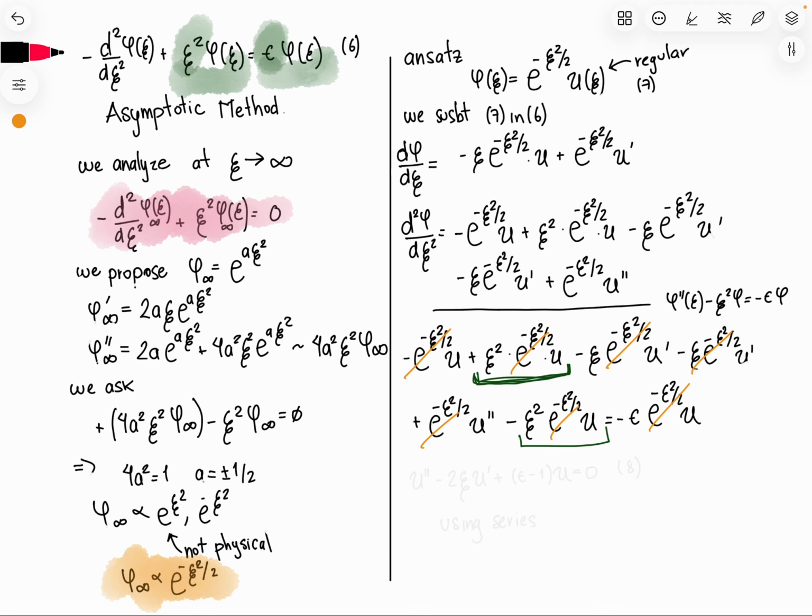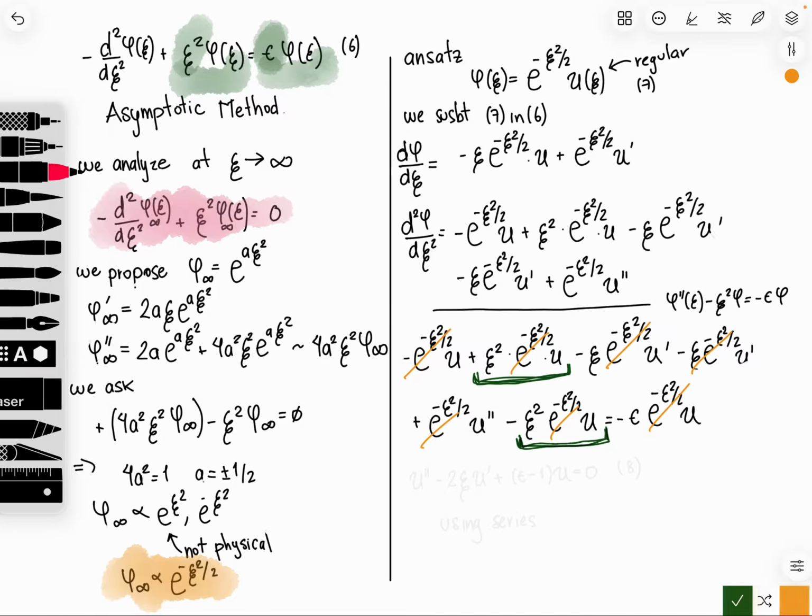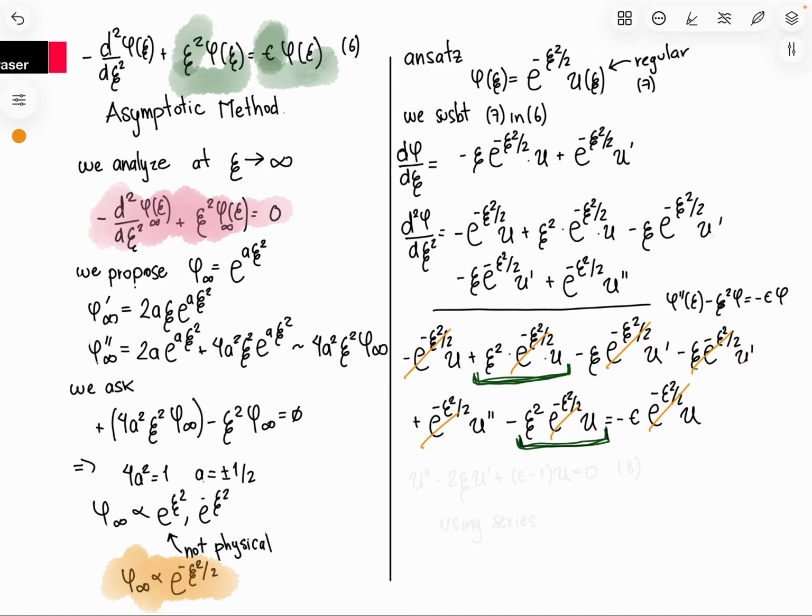So proposing a function that leads the behavior at infinity helps us to cancel the most problematic term, the one that has a psi square. Therefore, we get this equation, equation number 8.